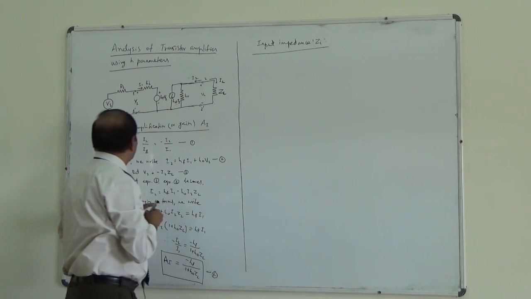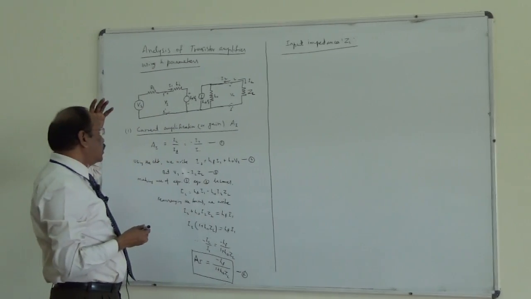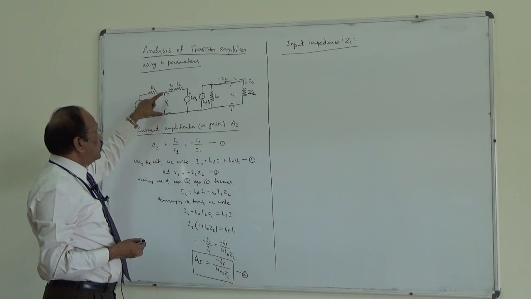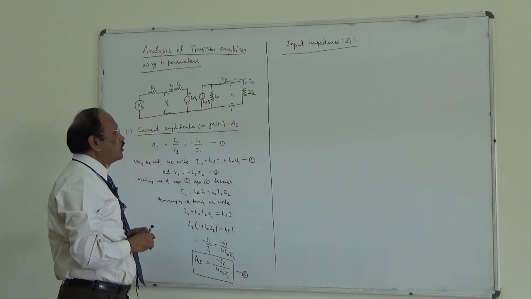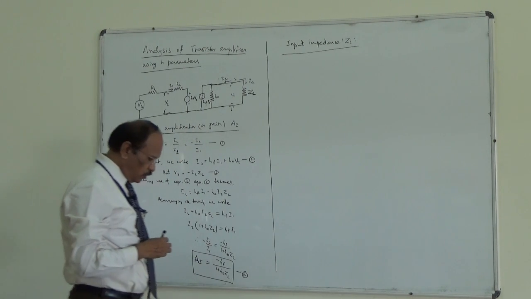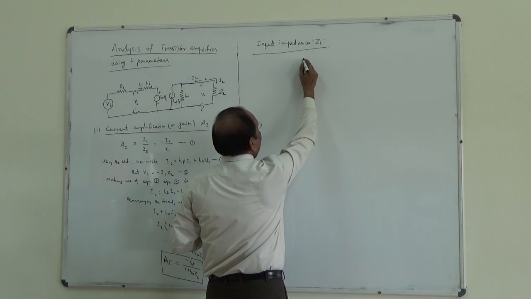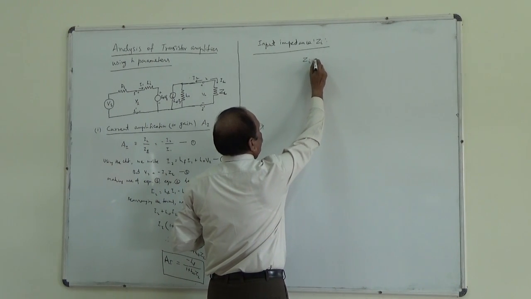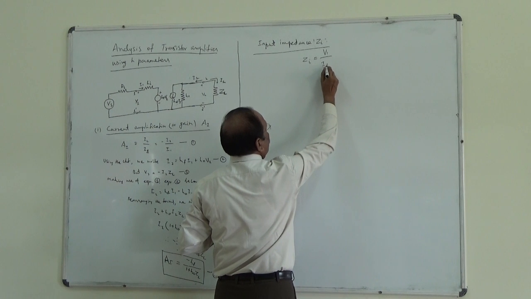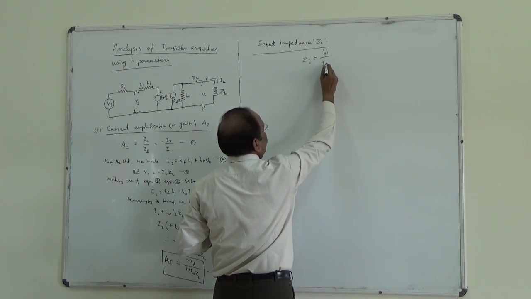Here Rs is the source resistance, and if you look into the input terminals of the amplifier, we call it the input impedance. So, the input impedance is defined as the input voltage V1 by the input current.